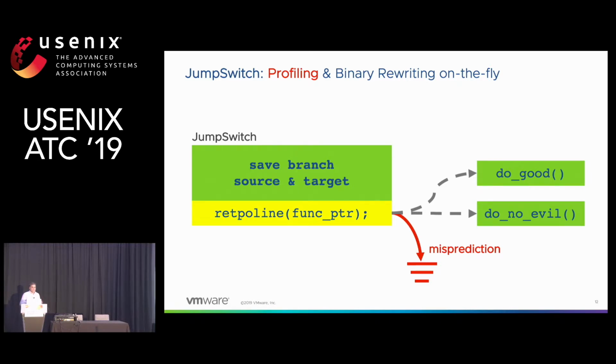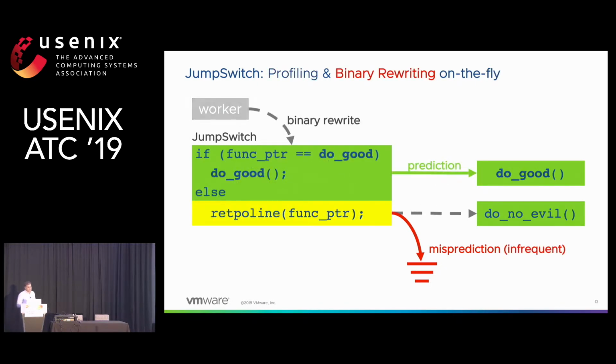In this case, every branch basically falls back to the Retpoline, and we have misprediction. After we collected enough samples, we perform binary rewriting. So basically, on the fly, we change each piece of code that preceded the Retpoline into this indirect branch promotion code.